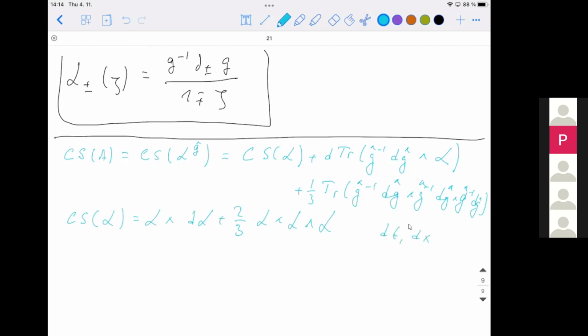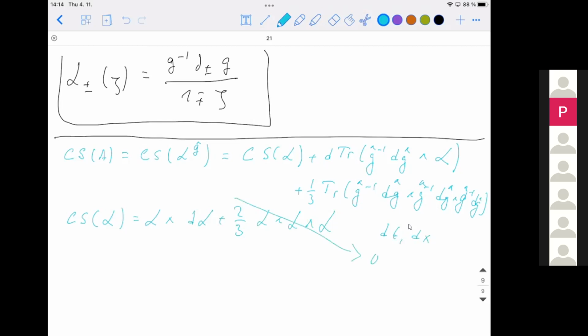So we cannot produce three wedge products here. So this part will be just 0. And that means that the four-dimensional action is just this.